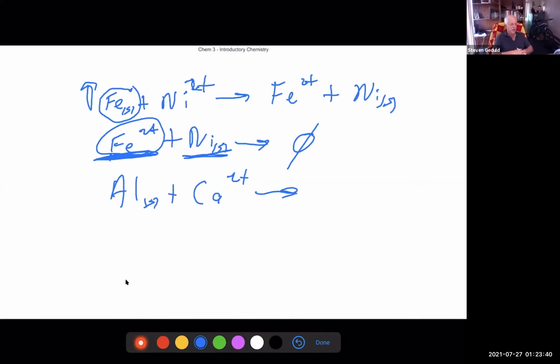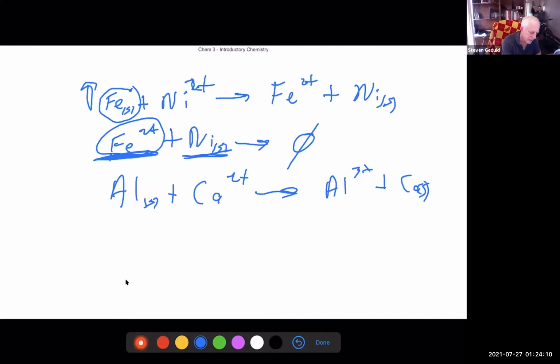So if the ion is higher, just like iron was above nickel, you look at your solid, your aluminum, and then find the calcium. Calcium's above it, so calcium is more active. So you would form Al3+ and calcium solid.